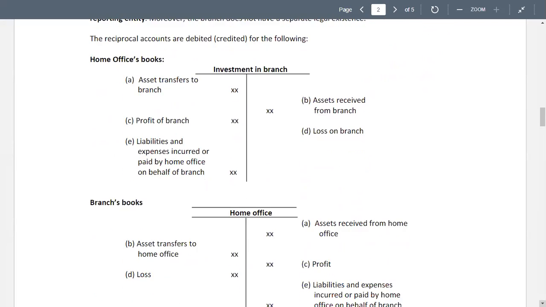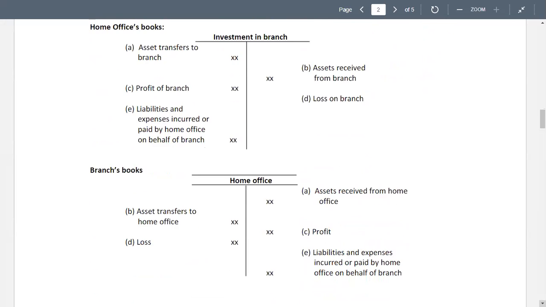On the other hand, in the books of the branch, you are going to debit asset transfers to home office and for the loss. And you credit assets received from home office, you credit it for profit and for liabilities and expenses incurred or paid by home office on behalf of the branch.